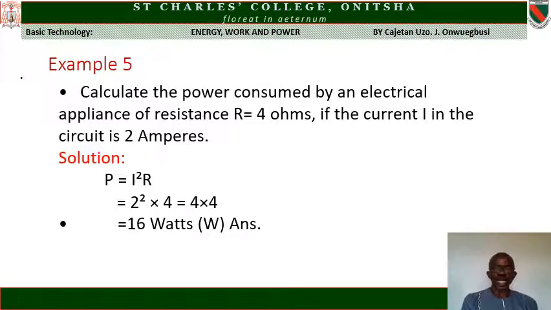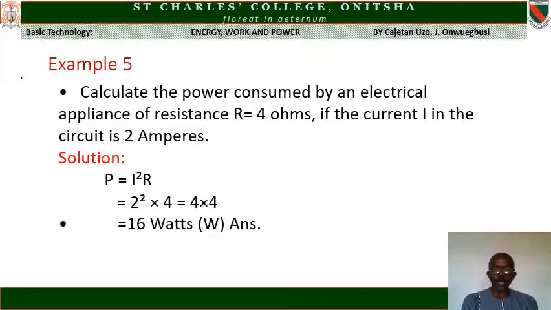Then, suppose you are given an example that does not involve voltage or current. That is where you apply the other formula for power. For example, example number 5, you are required to calculate power consumed by an electrical appliance of resistance 4 ohms if the current I in the circuit is 2 amperes.